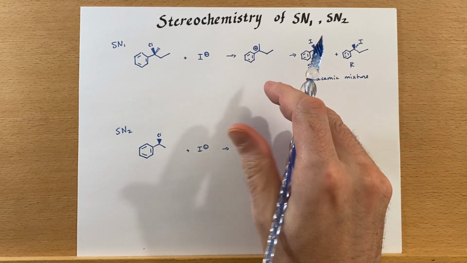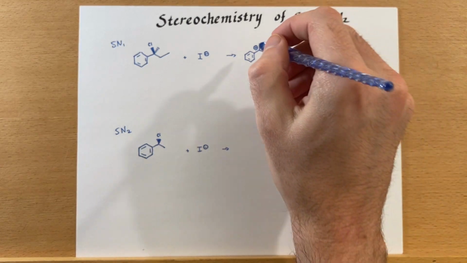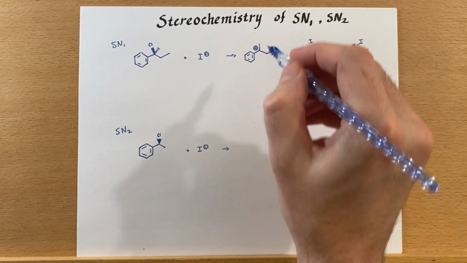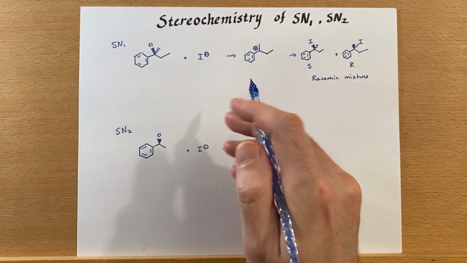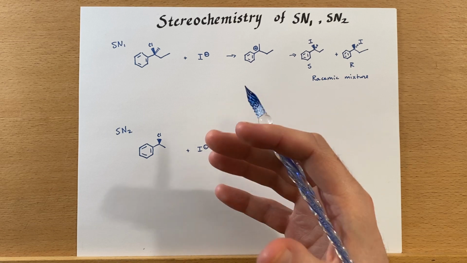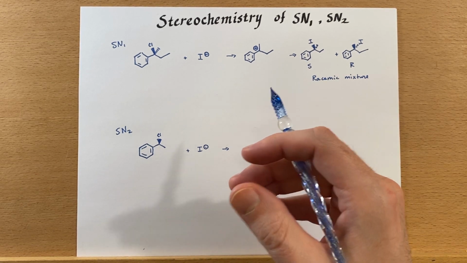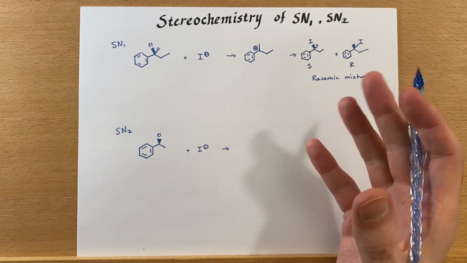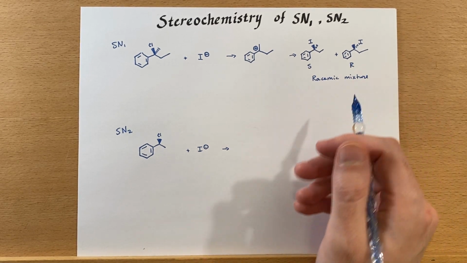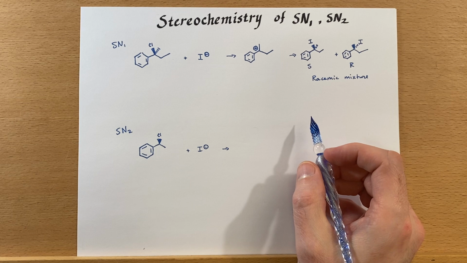And it might inhibit the approach of the iodine from, say, this side or the other side. Now, that's not a perfect way of controlling the stereochemistry, but we may get a little bit more of one product versus the other. Wouldn't be quite a 50-50 mixture.